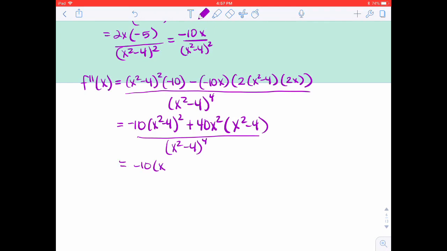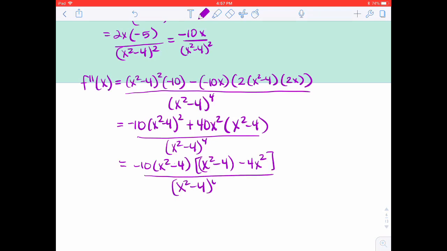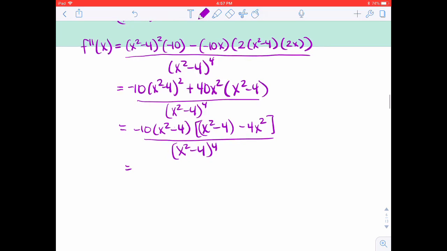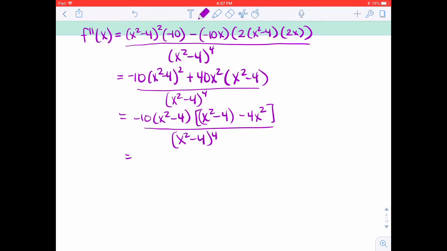We could take out negative 10 times x squared minus 4, and x squared minus 4 minus 4x squared. You could probably skip all the way to the second derivative if you choose.